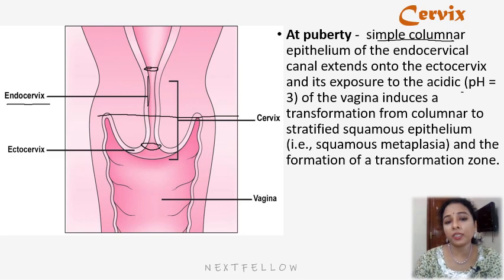Before puberty, the cervix is lined by simple columnar epithelium. Once the woman attains menarche and puberty, slowly because of the acidic exposure, it induces the transformation from columnar to stratified squamous epithelium.